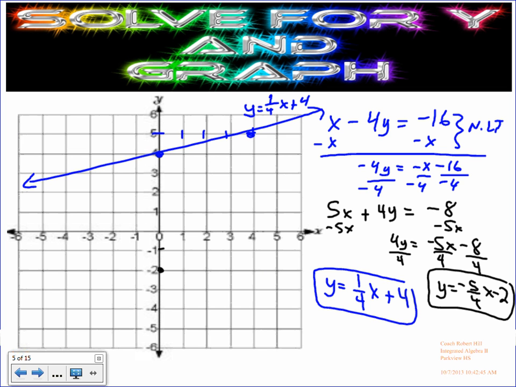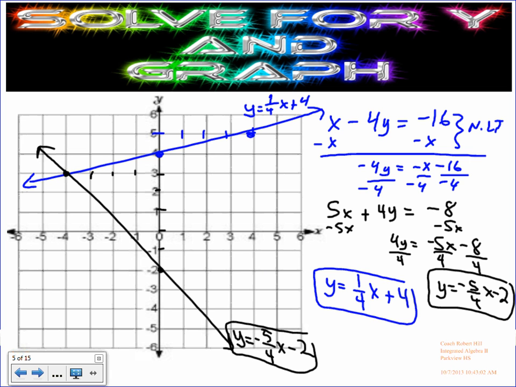I can go up 5, 1, 2, 3, 4, 5, and left 1, 2, 3, 4. And then again, guys, it appears to me that I have a good lattice point for my solution.